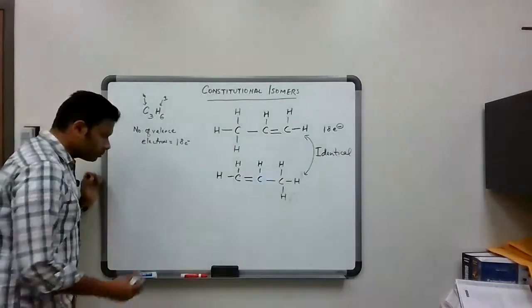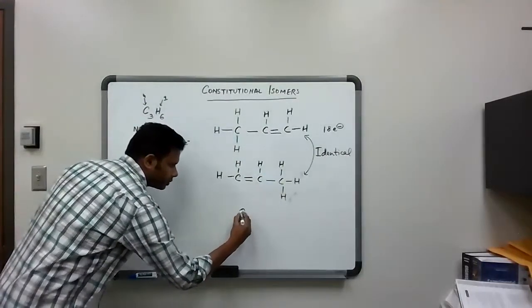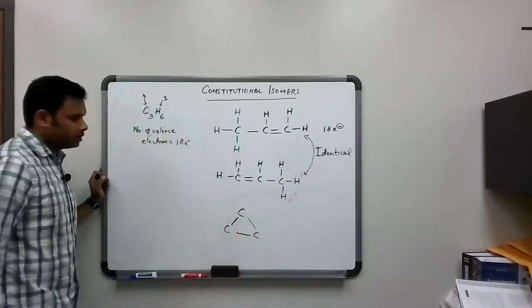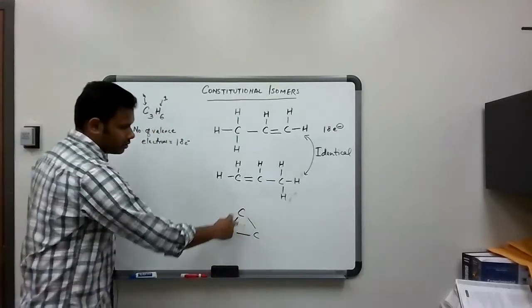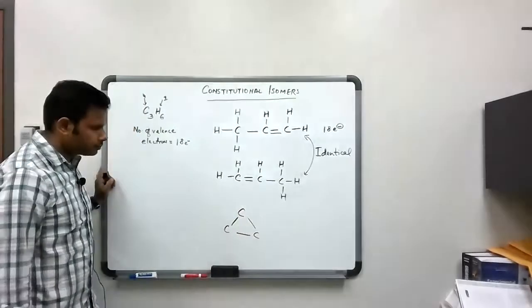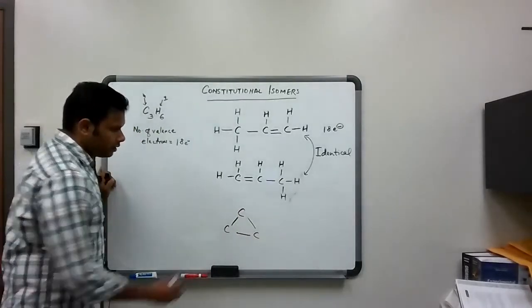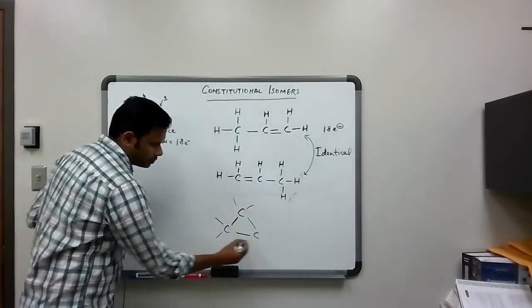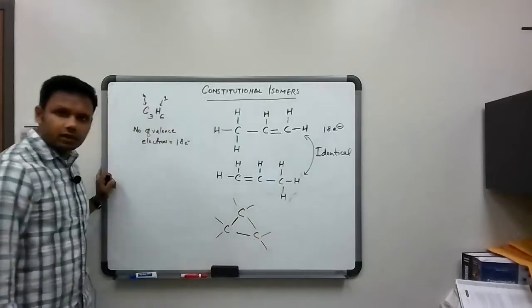Okay. So the other possibility that I want to bring here is a case where the 3 carbons are connected to each other in a ring. Now that would leave 2 valencies open on that carbon, 2 on this carbon, and 2 on this carbon.